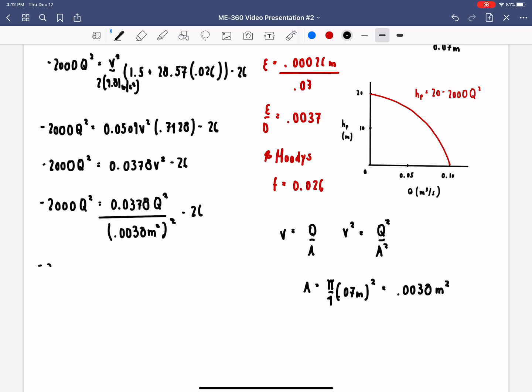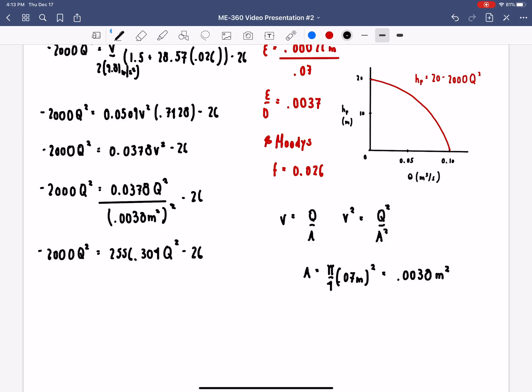We end up with negative 2,000 Q squared is equal to 2,556.304 Q squared minus 26.